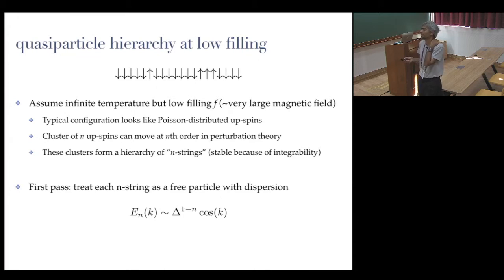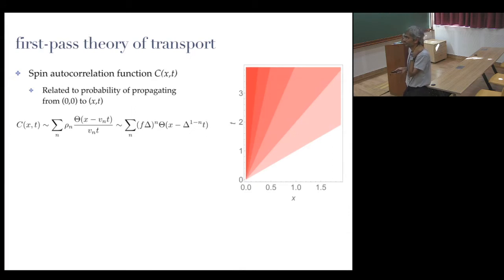So the simplest thing you do is just think about each n string as a free particle, and it moves at nth order in perturbation theory, so it has a dispersion relation that you would naively guess to be just the standard free particle dispersion, but with a bandwidth that's exponentially suppressed in n. And you can now think about what this does in terms of spin transport.